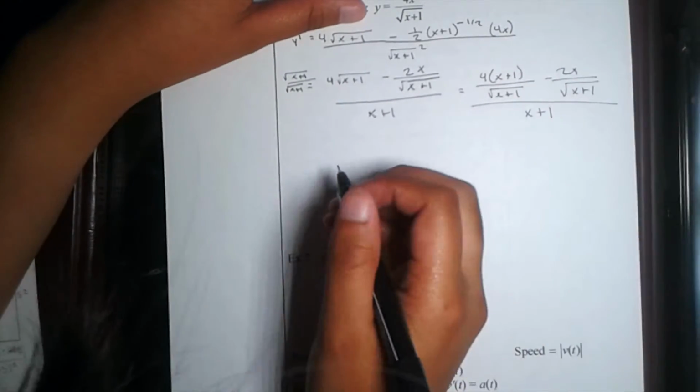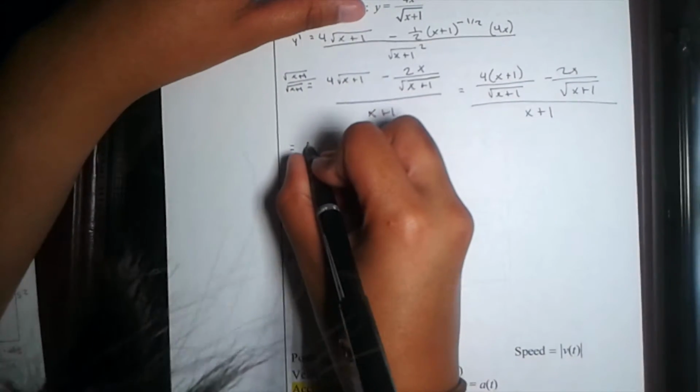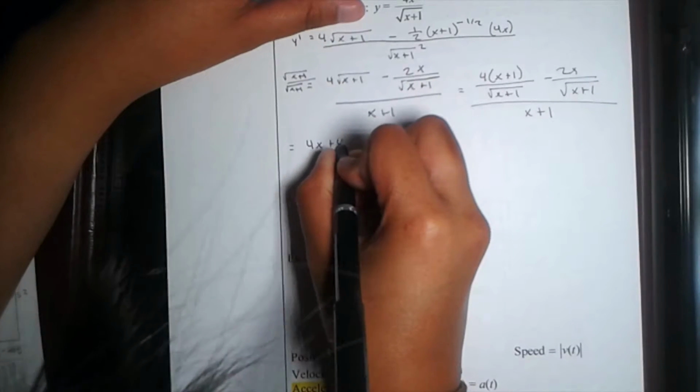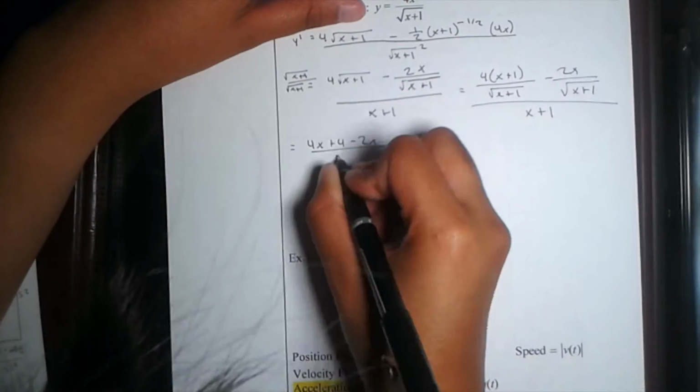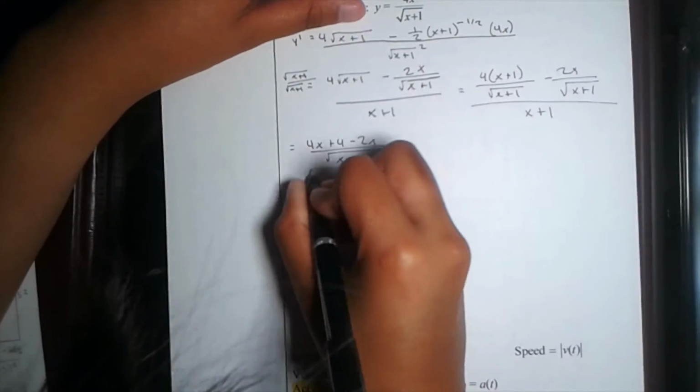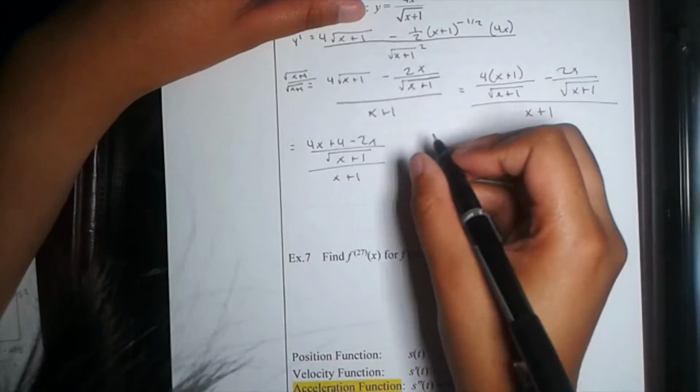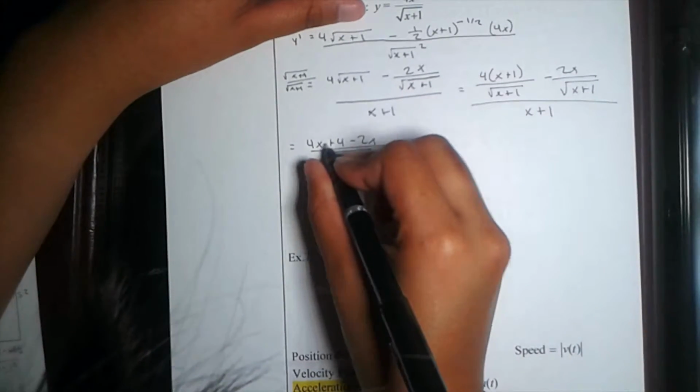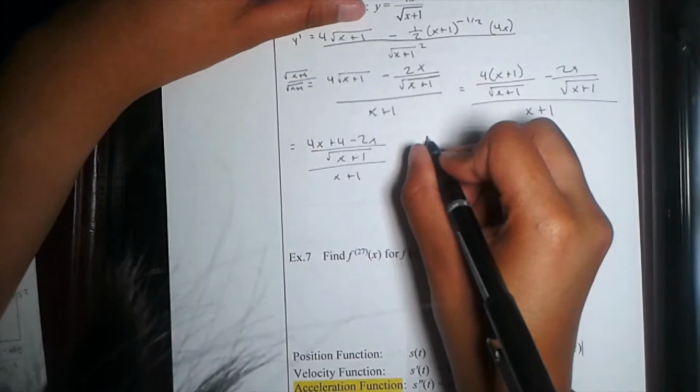Now you can solve the top part. So that's 4x plus 4 minus 2x over the square root of x plus 1. And 4x minus 2x is 2x plus 4.